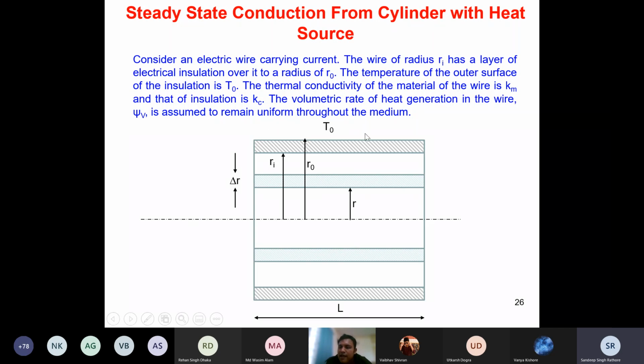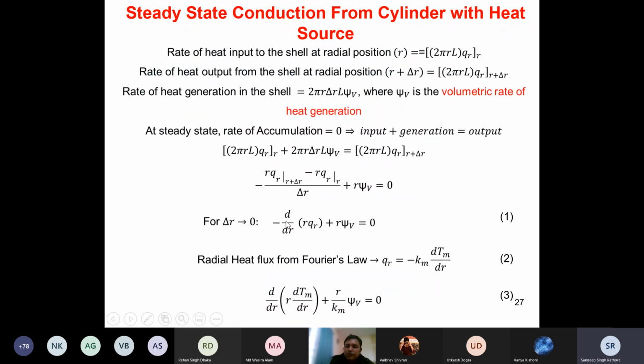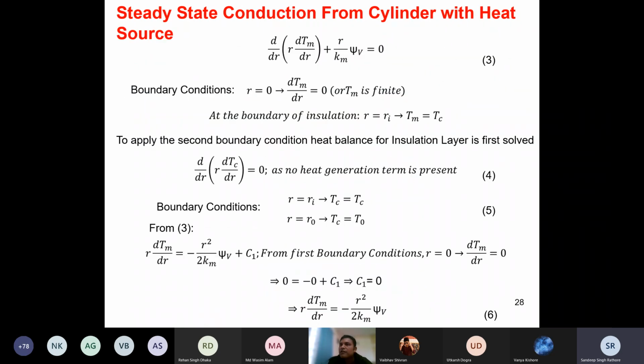So this is a composite cylinder, with heat generation taking place only in the metal wire. We derived the equation for the temperature distribution across both the metal wire as well as the insulation.